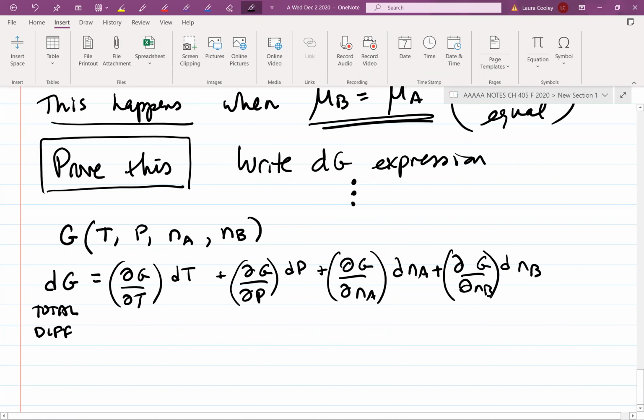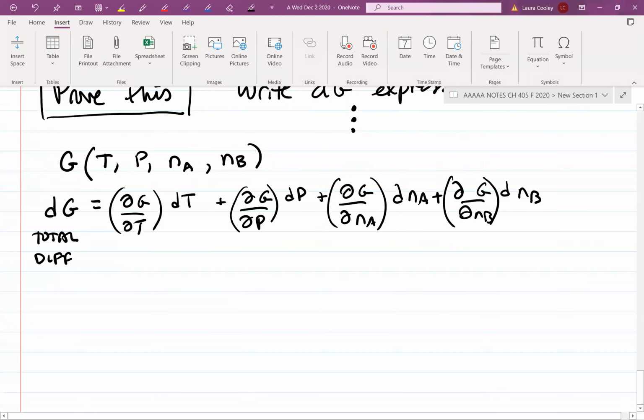I haven't written anything earth-shattering here. This is like writing that if f is a function of x, y, and z, df is df/dx dx plus df/dy dy plus df/dz dz.